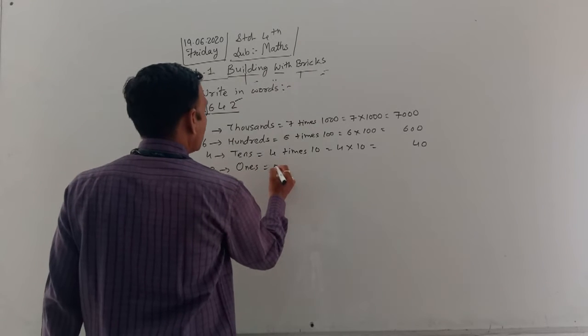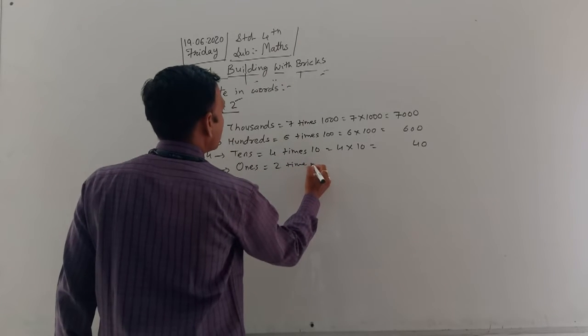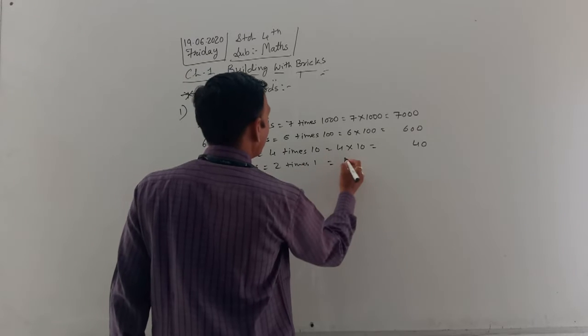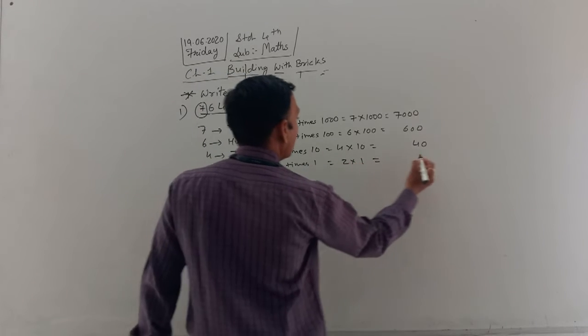Now 2 ones: 2 times 1, that is 2 into 1. 2 ones are 2.